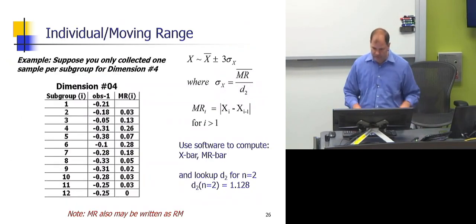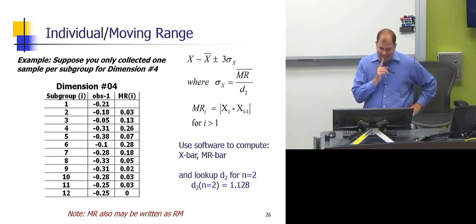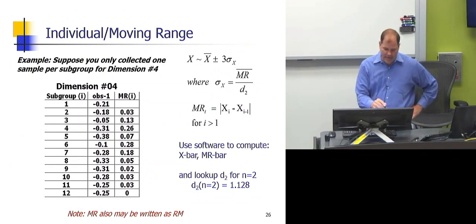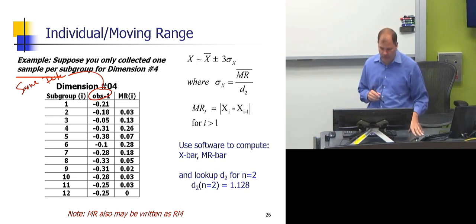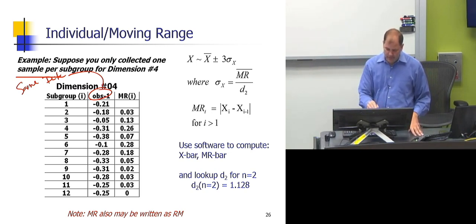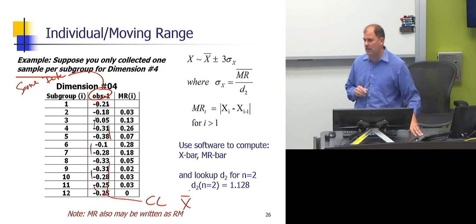All right, let's illustrate this one. We're using the same data, but we're going to use observation 1 only. I've only got 12 data points here. I can get these 12 values. The center line of those 12 values is going to be the mean.